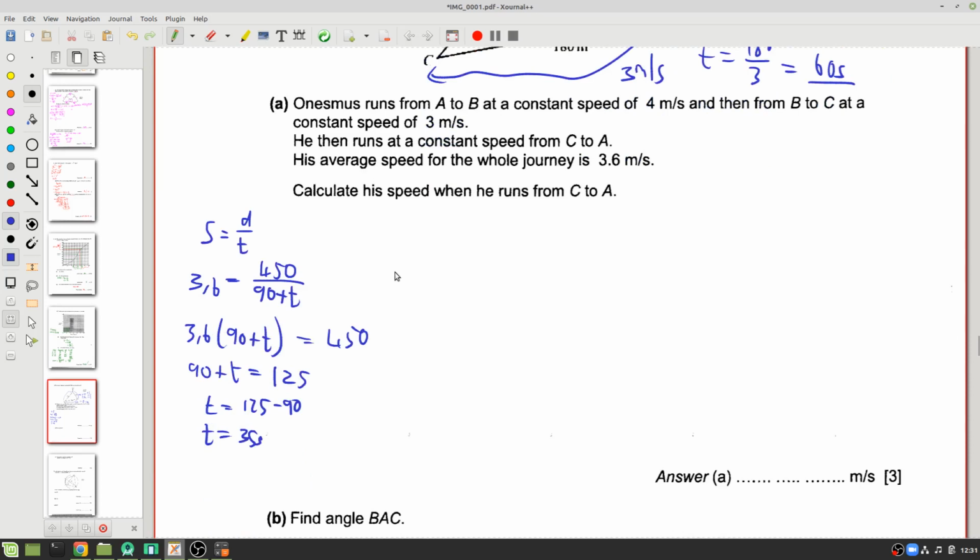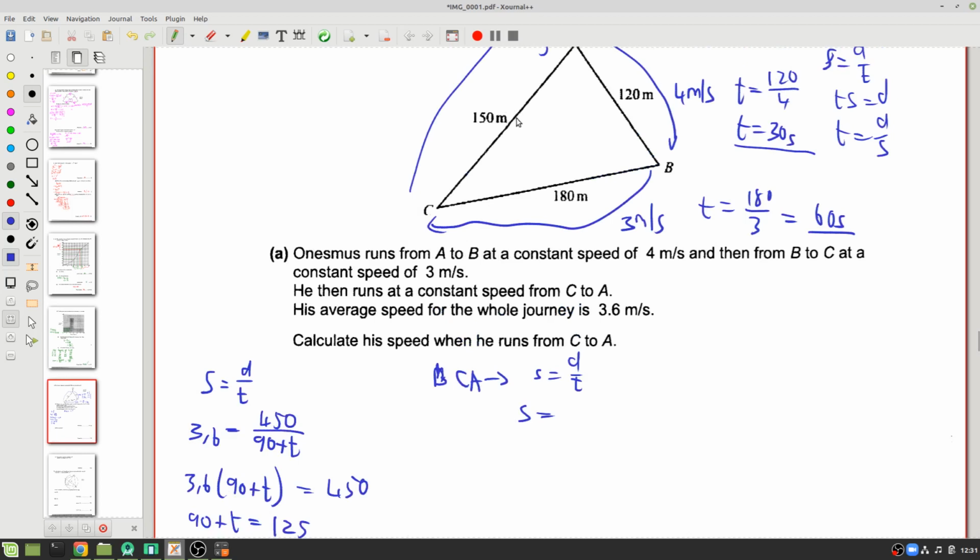So then what we do is we can find out what the speed is for that part. So the speed from C to A, we've got speed equals distance over time. So we want to find that speed. We know the distance from C to A is 150, and we know the time is 35, which we just calculated.